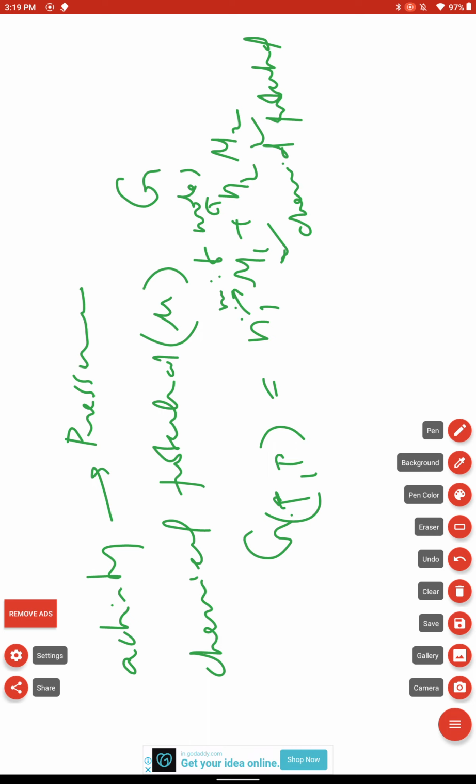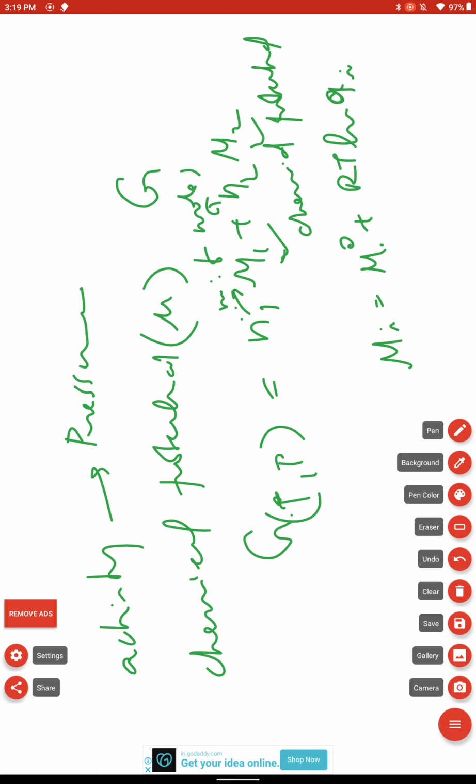The equation that connects chemical potential mu and activity A can be written for the ith component. We have a number of components n1, n2, n3 up to ni. For the ith component, we write mu i equals mu i 0 plus RT ln a i.